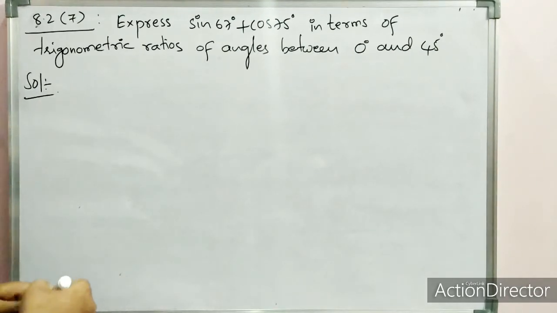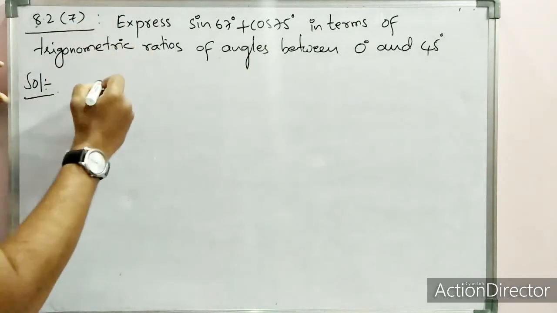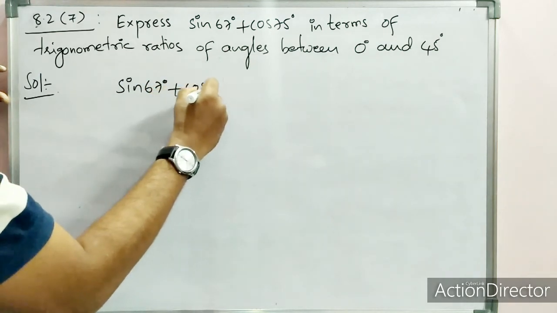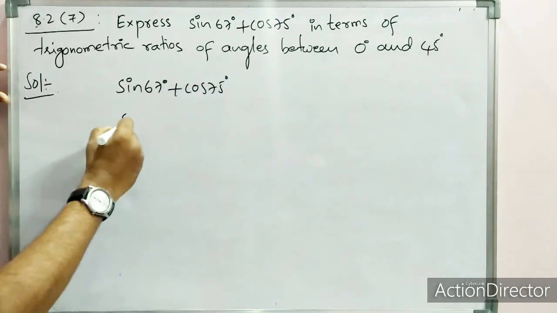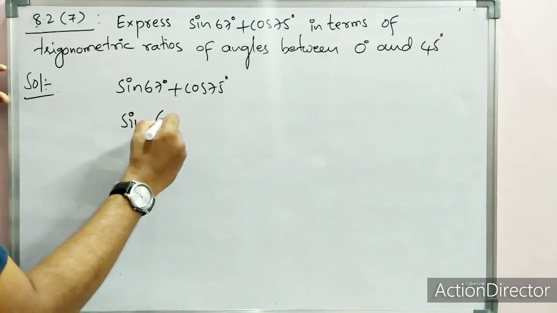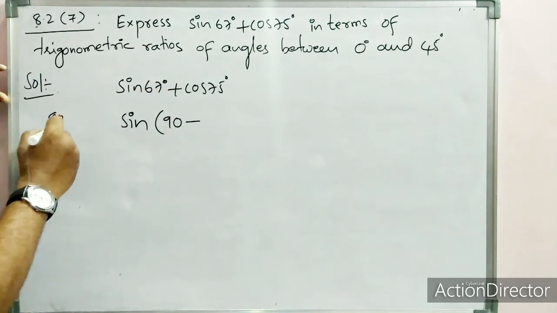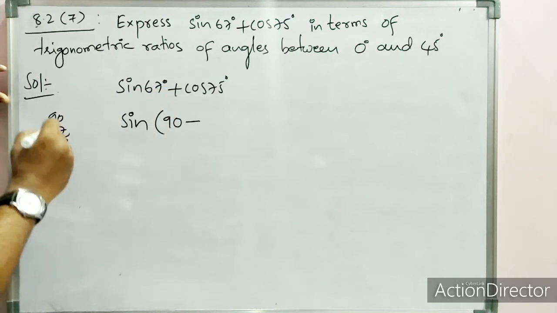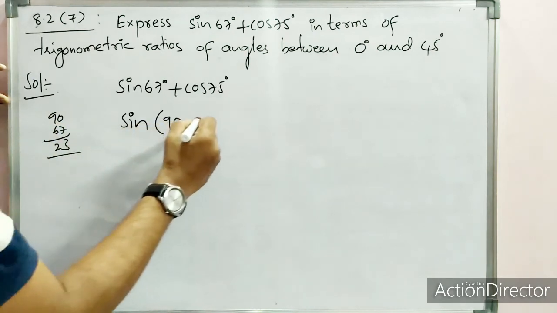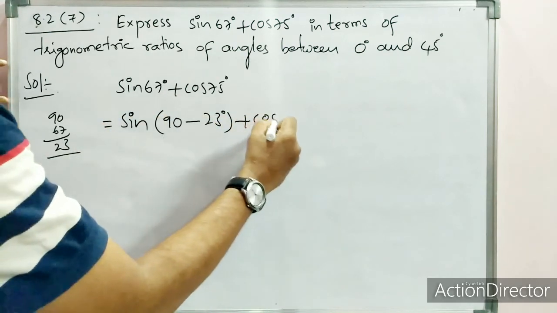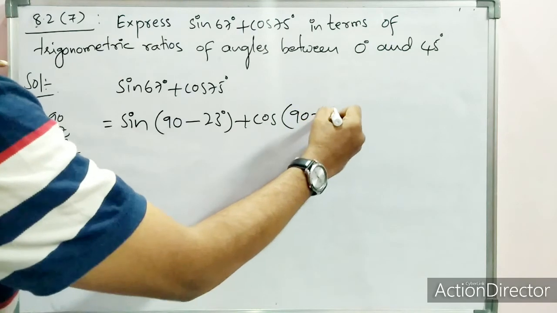Question number 7. Express sin 67 plus cos 75 in terms of trigonometric ratios of angles between 0 and 45. Take the question: sin 67 degrees plus cos 75. We can write sin 67 as sin (90 minus 23), since 90 minus 67 is 23, plus cos 75 as cos (90 minus 15).